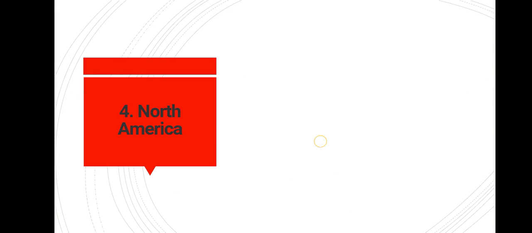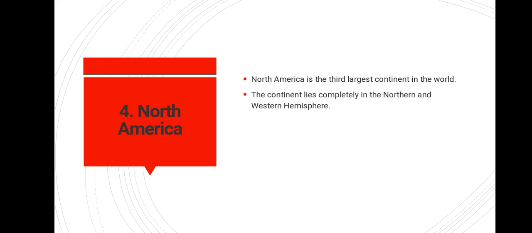North America. North America is the third largest continent in the world. Number 1, Asia. Number 2, Africa. Number 3 is North America, where we will find countries like USA and Canada. The continent lies completely in the northern and western hemisphere.